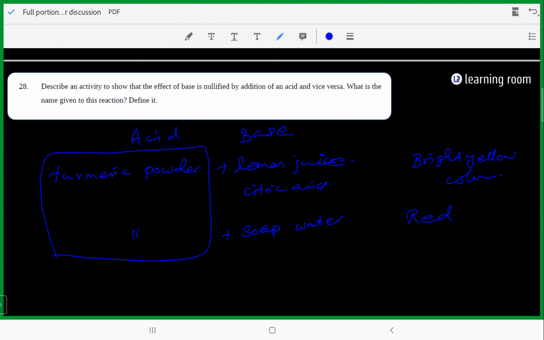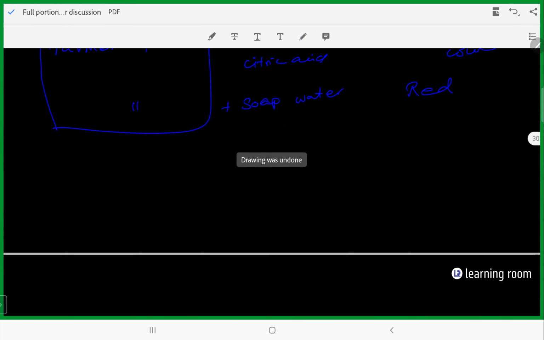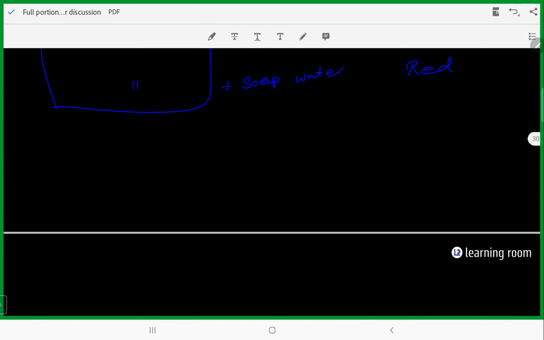In the same way, phenolphthalein can be used as an indicator. When phenolphthalein is taken in sodium hydroxide solution, it becomes pink in color.